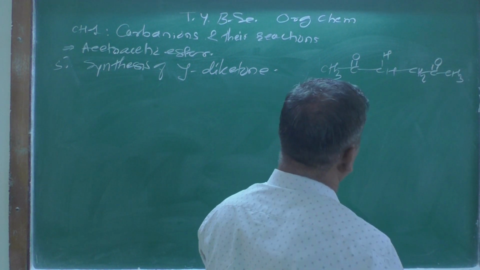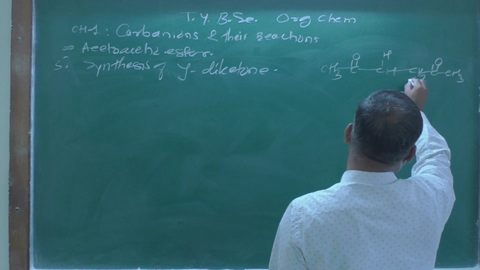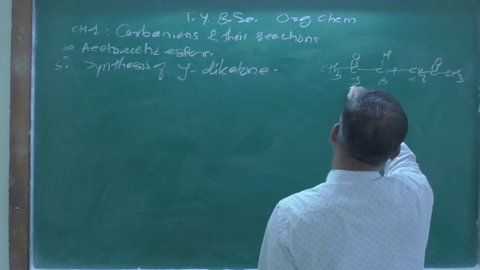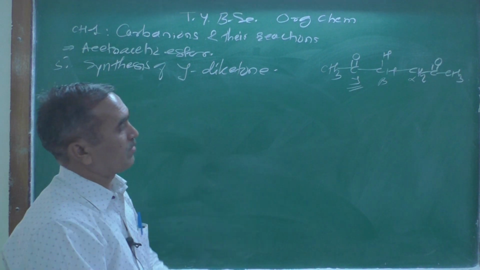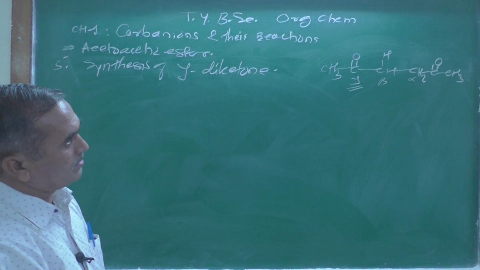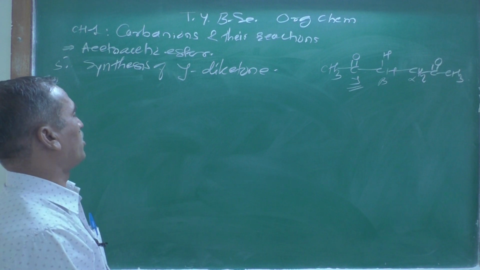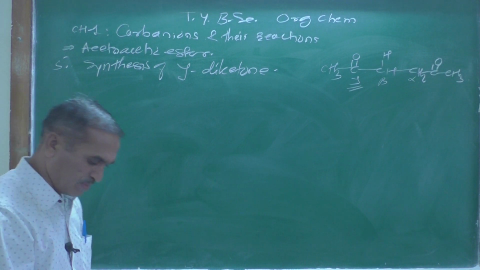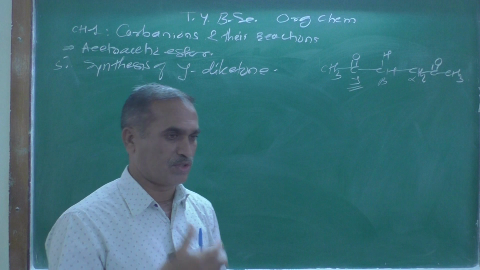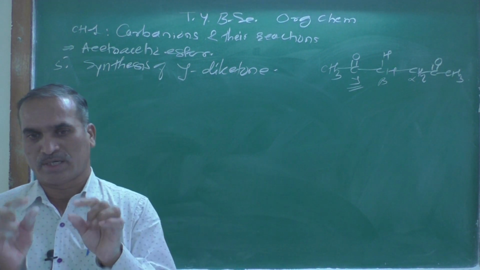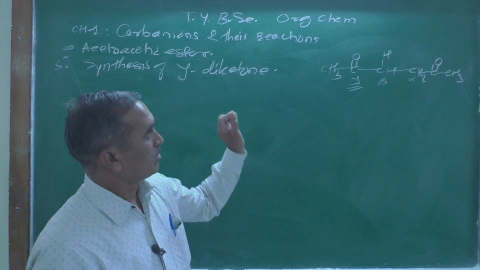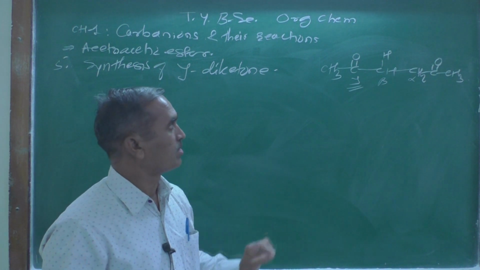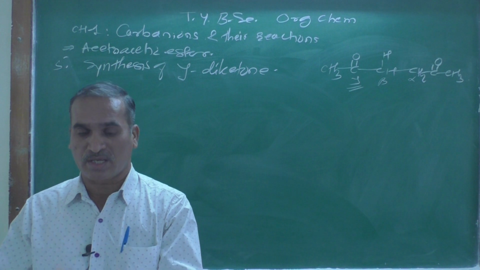That is an adjacent carbon, alpha, beta and gamma. At gamma position there is a carbonyl group, right? Now again, if you observe this structure carefully, what type of question may appear in the exam? The question is like this: how will you synthesize gamma keto ester using acetoacetic ester?